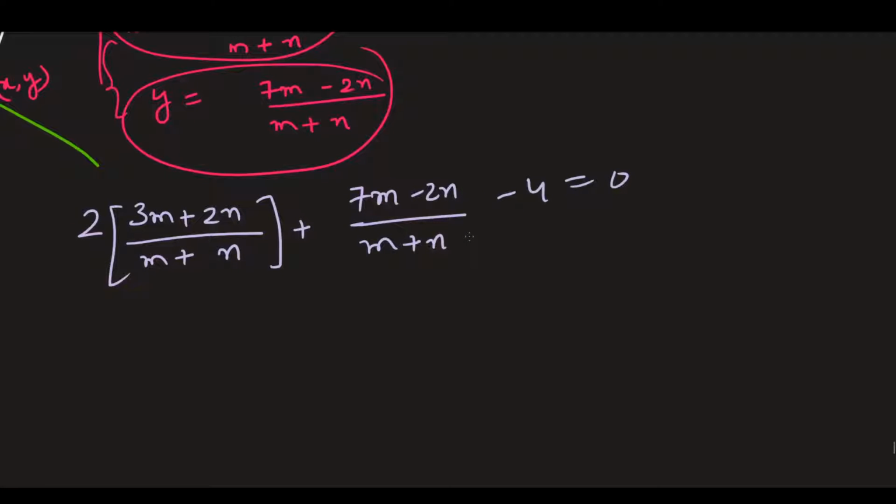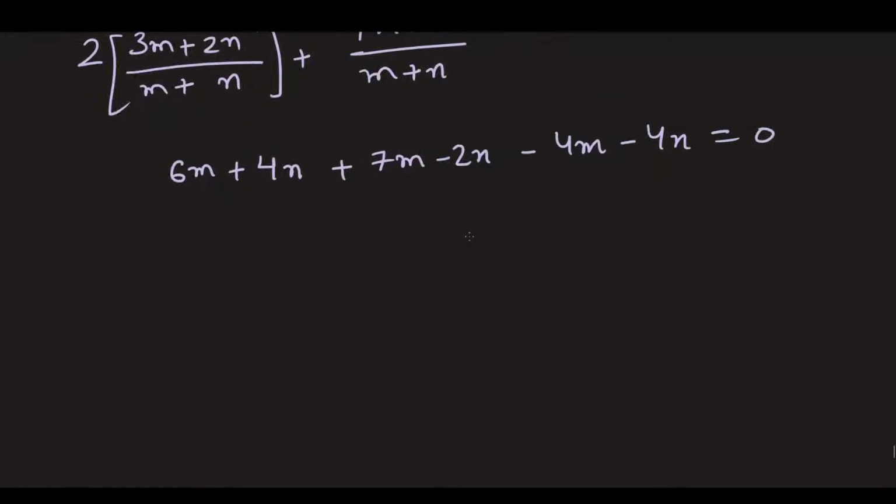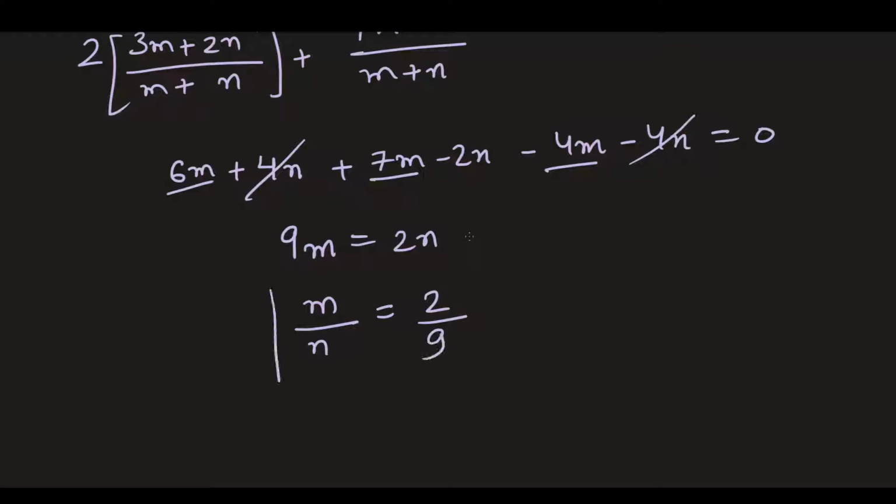Multiply the whole equation with m plus n, and we get 6m plus 4n plus 7m minus 2n minus 4m minus 4n equal to 0. From here the m terms are 6 plus 7 is 13, minus 4 is 9m, and the n terms, 4n minus 2n minus 4n, give minus 2n, so 9m is equal to 2n. So m is to n is 2 upon 9. That is the final answer.